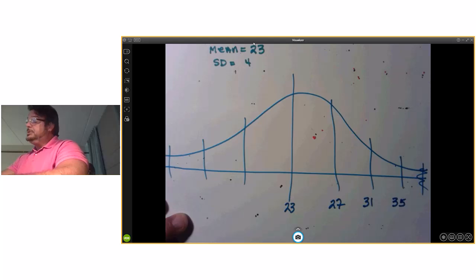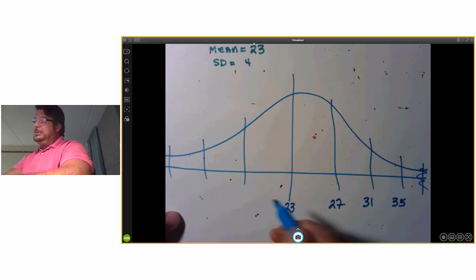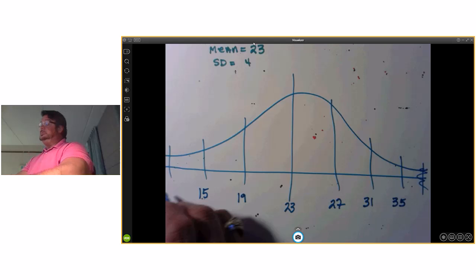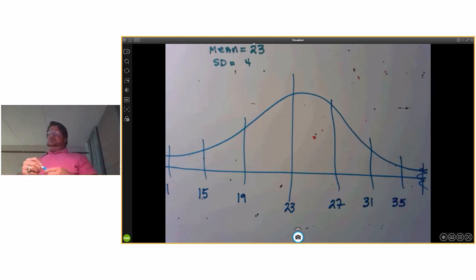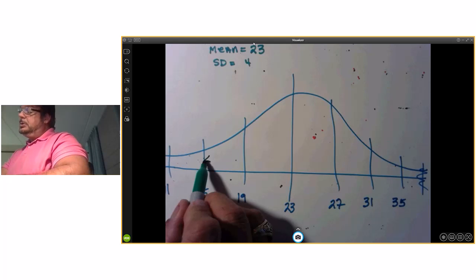Let's see, this is normal, unusual, outliers. Okay, 23 minus 4 is 19. 19 minus 4 is 15. 15 minus 4 is 11. Now, when we draw that, we take our handy dandy green marker, and 2 standard deviations is normal.